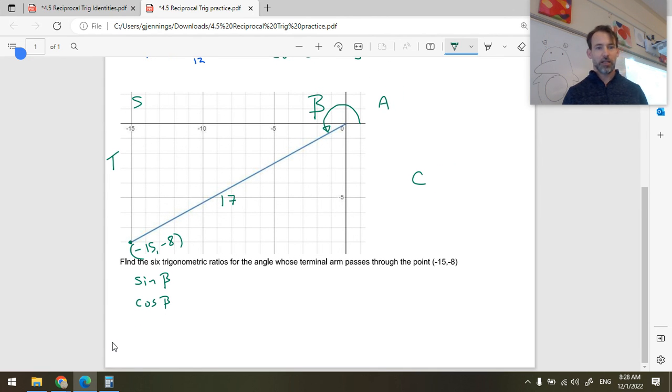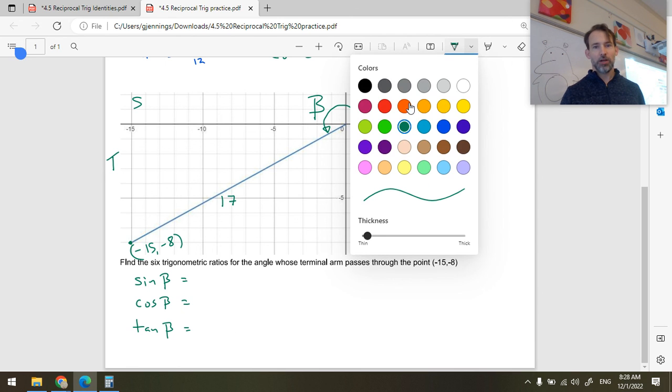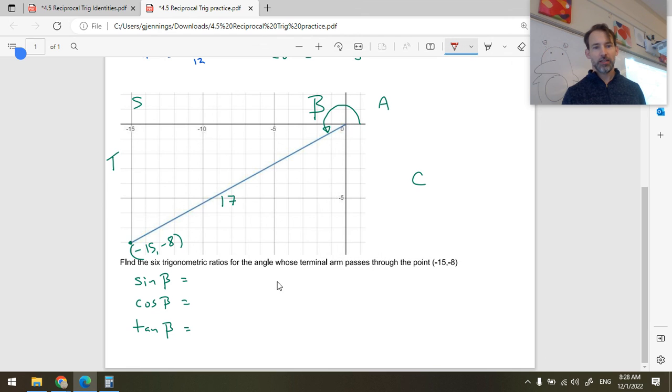And tan beta. And those are going to equal something, each one. And then let's write down our cosecant. I have to actually figure it out each time. I don't memorize these. Secant. And cotan.